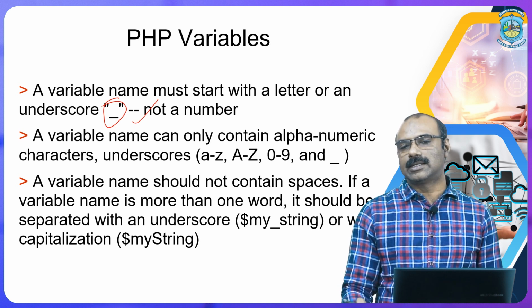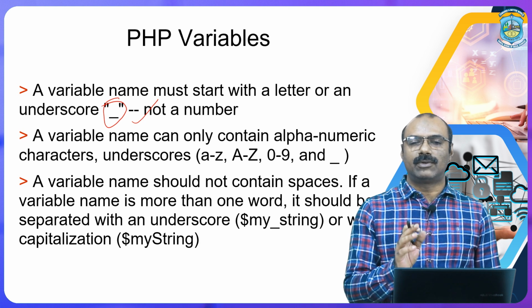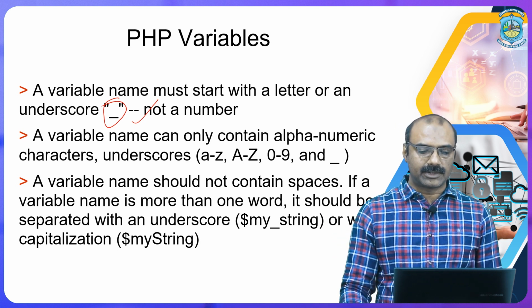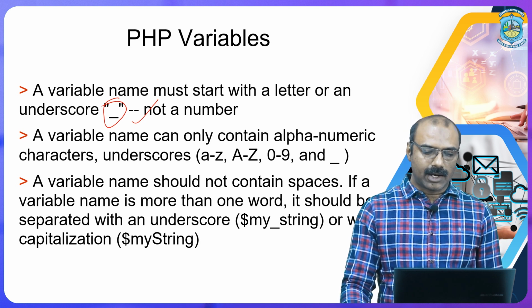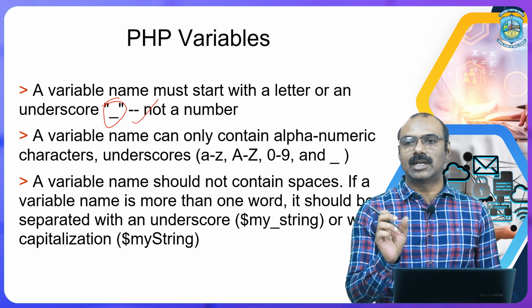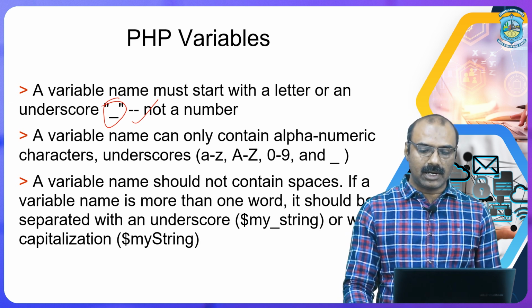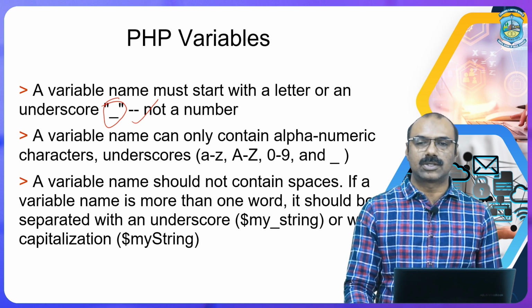It is case sensitive, so while declaring variable names, small a is different from capital A. You can use numbers from 0 to 9 and underscore in between also. A variable name should not contain spaces, because if we give a space, it becomes two different words.